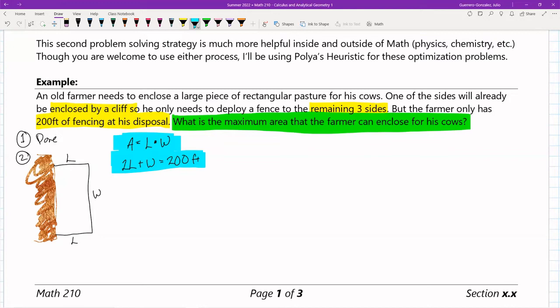So what we have to do now is maximize this right here using this constraint. Okay. So optimizing that area means we're going to have to do calculus, right?